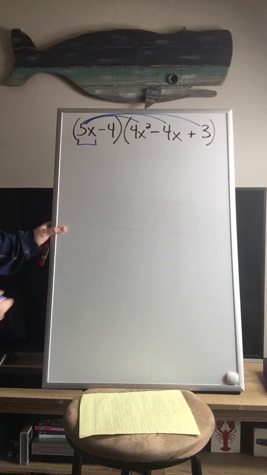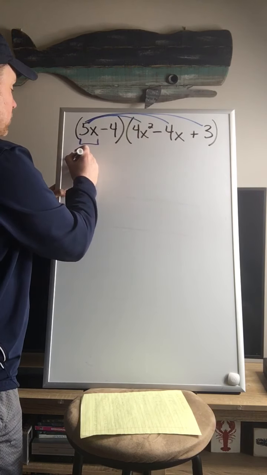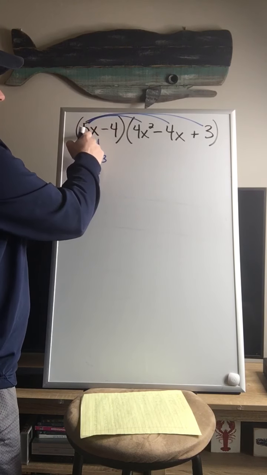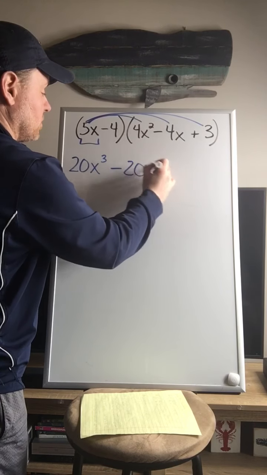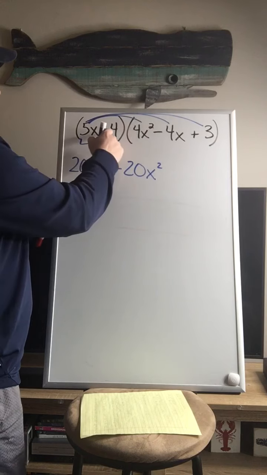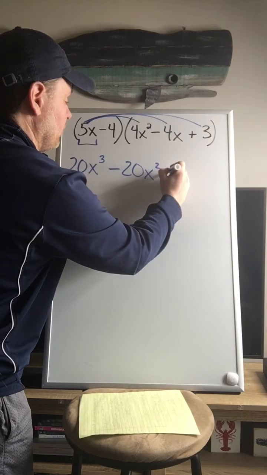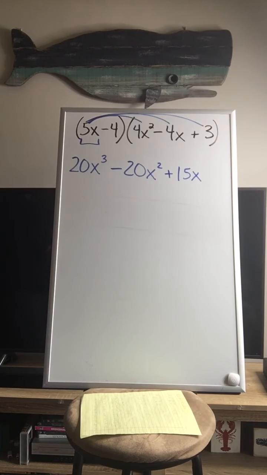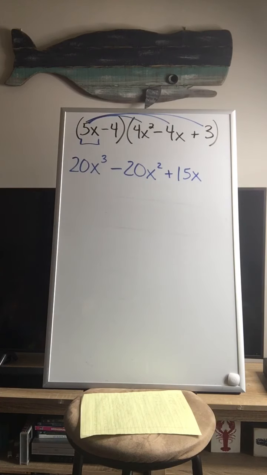So 5x times 4x squared, that's 20x to the third. 5x times minus 4x, that's minus 20x to the second, because x times x is x to the second. And then 5x times 3 is 15x. So I multiplied that 5x by each of those terms.